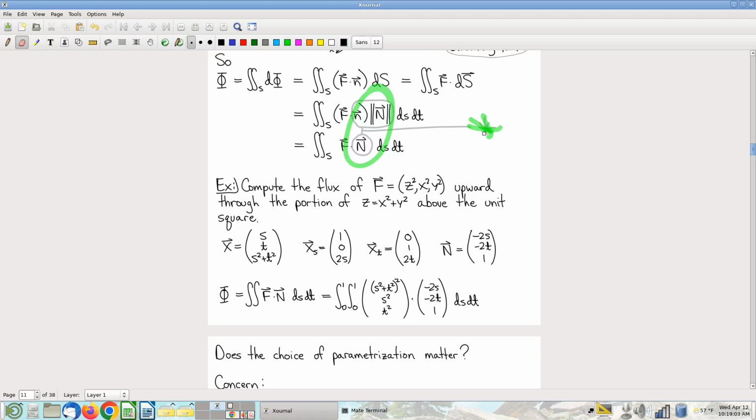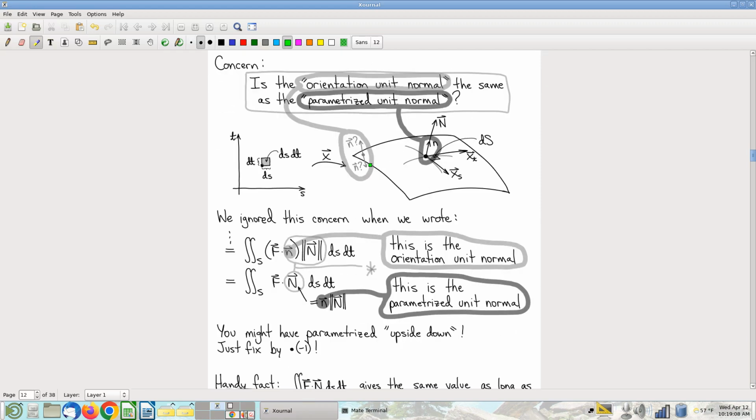The issue here, fleshed out now on the next page, is that you have to think about how you parameterize. And when you parameterize, you might end up parameterizing right side up, or you might end up parameterizing upside down. Just two possible orientations that could have come attached to the surface. The nature, what we call the orientation unit normal, this is intrinsic to the question.